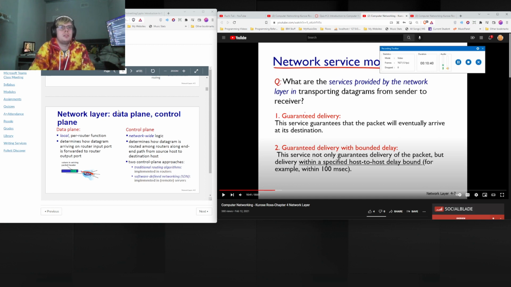Control plane is network-wide. There are two control plane approaches. If that's a question, what are the two control plane approaches? I would just say traditional routing algorithms and SDN, implemented in routers or implemented in remote servers.